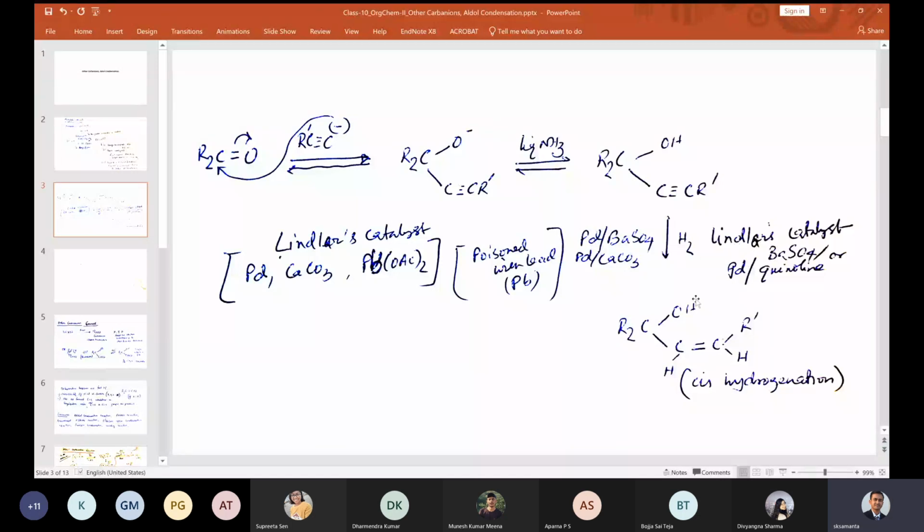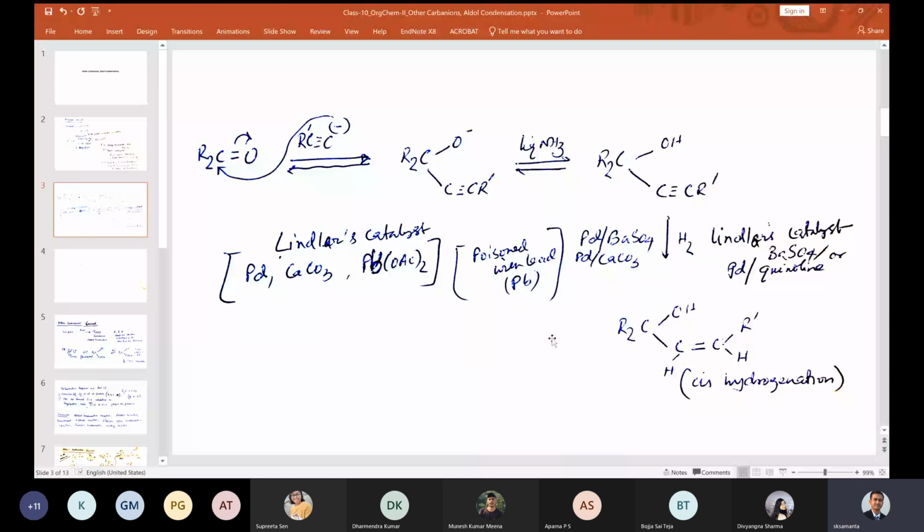What it does is give cis hydrogenation. These two hydrogens can approach from the same direction so that you get a cis compound. So basically you can end up with a cis alcohol. So when, let's say, you want to make some new compound, or you want to incorporate C triple bond C or C double bond C functionality, then this kind of reaction comes into the picture.